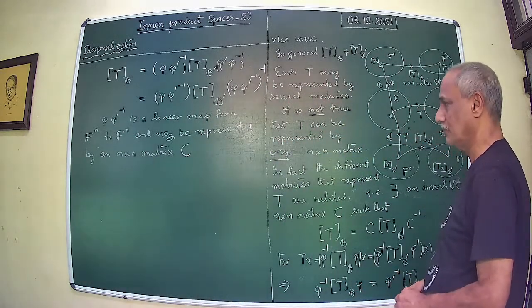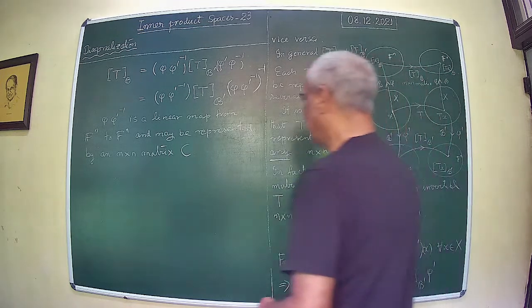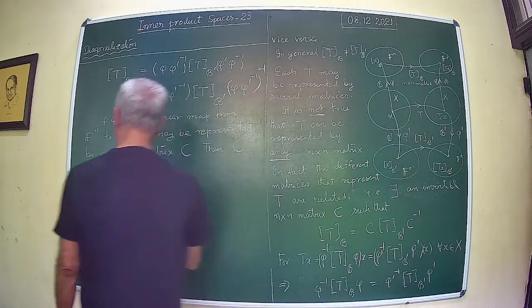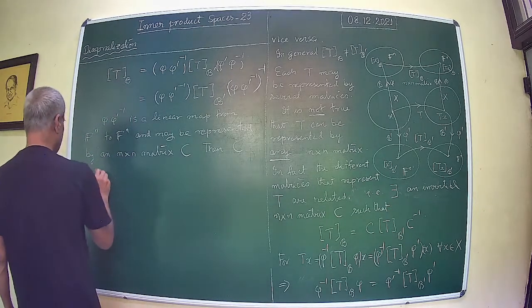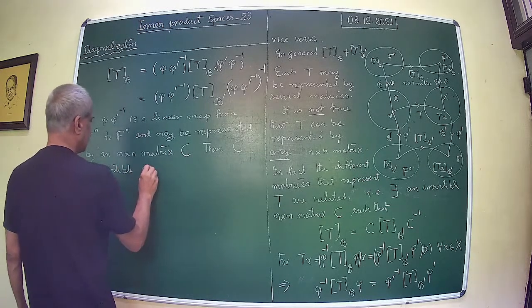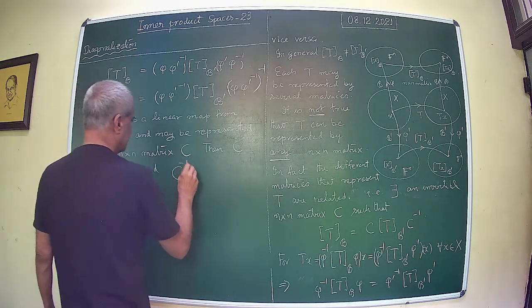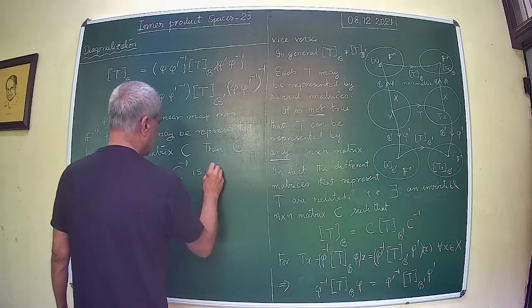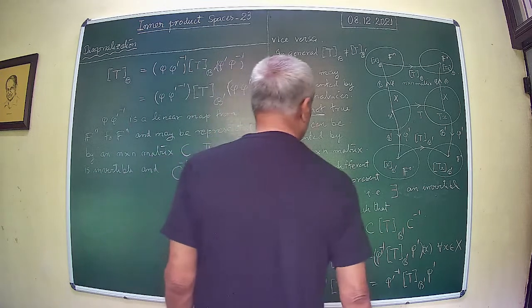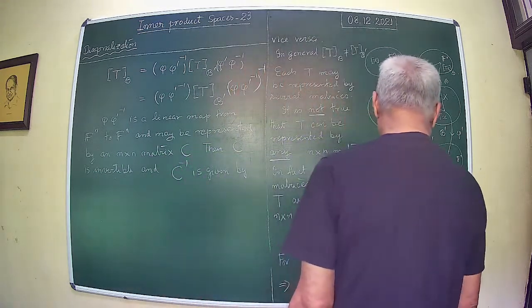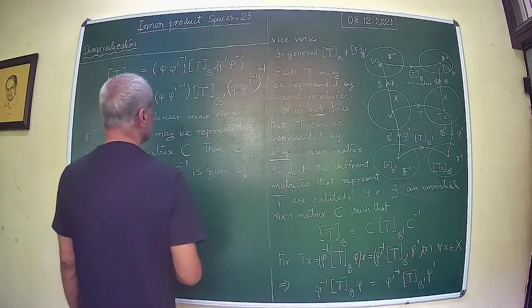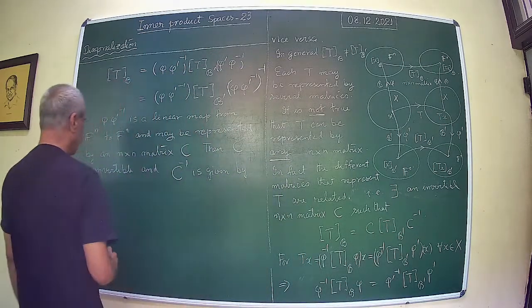Okay. Then C is invertible and C inverse is given by phi prime phi inverse.